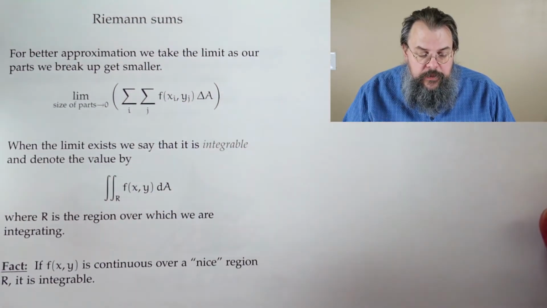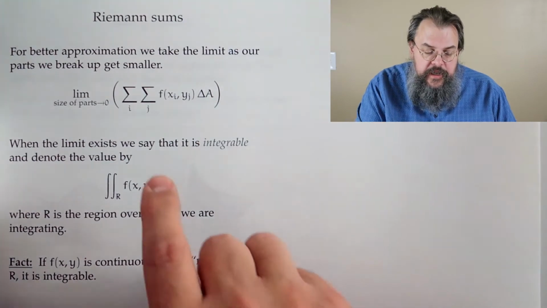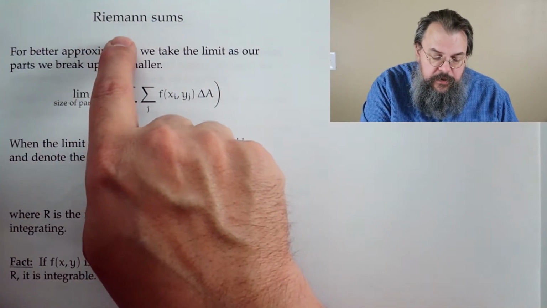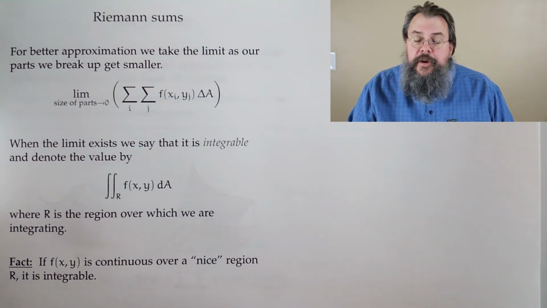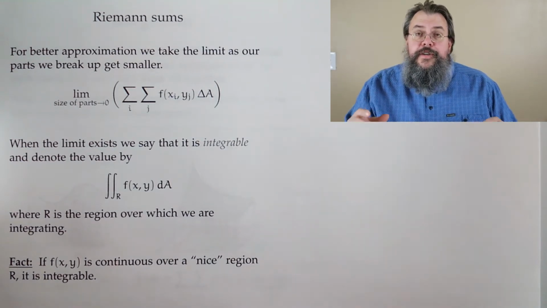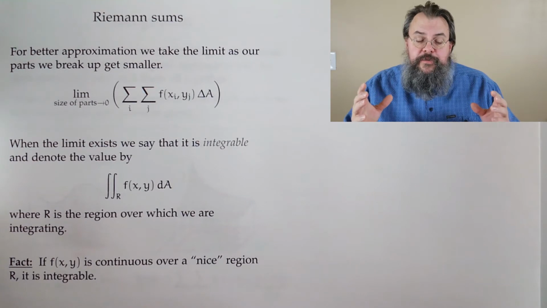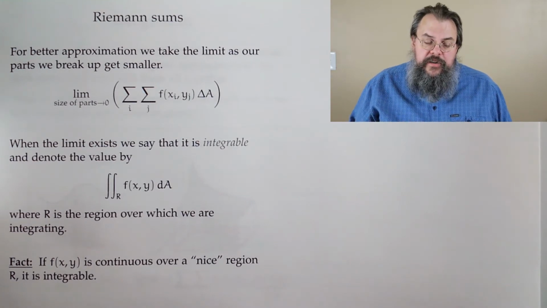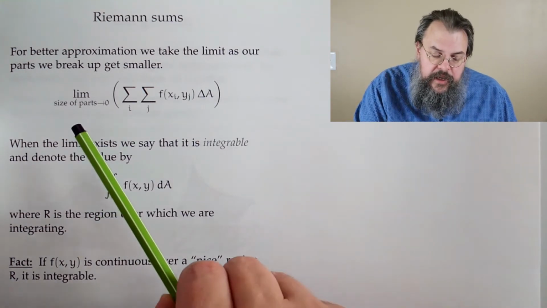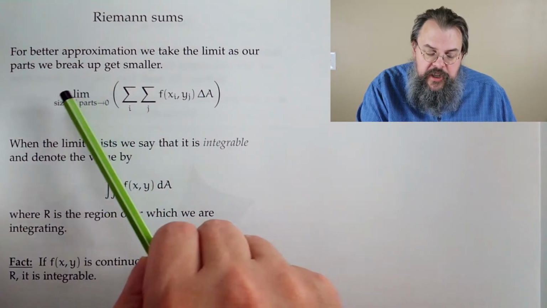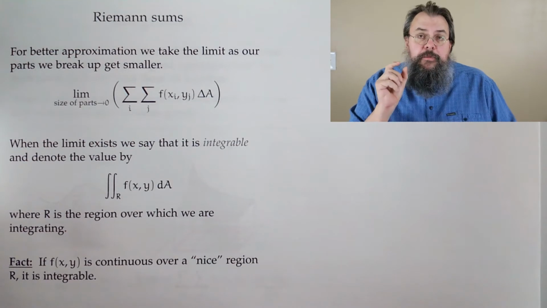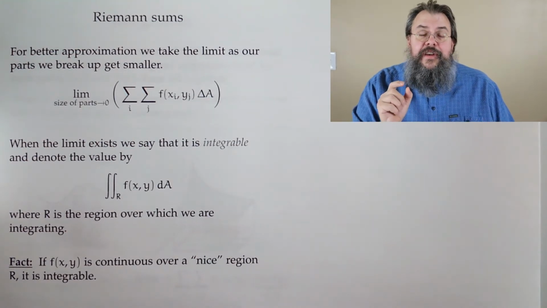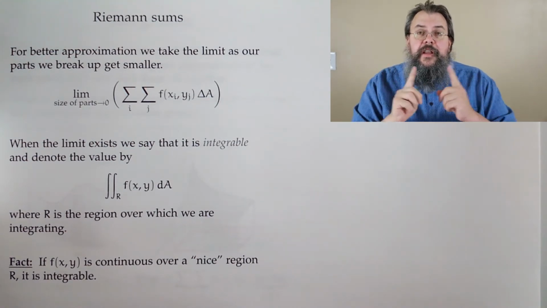Now, this breaking things apart and adding them together, that's what we call Riemann sums. And remember, how does it work? Well, just break things into small parts, and for better approximation, make them smaller. And so we say, hey, as the way we break things into parts, our pieces get small, and small in the sense that both the length and the width get small.